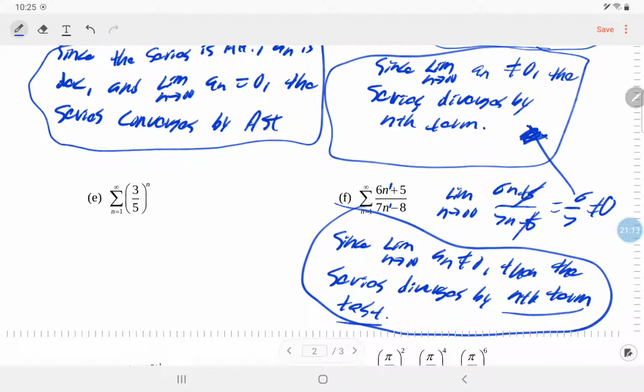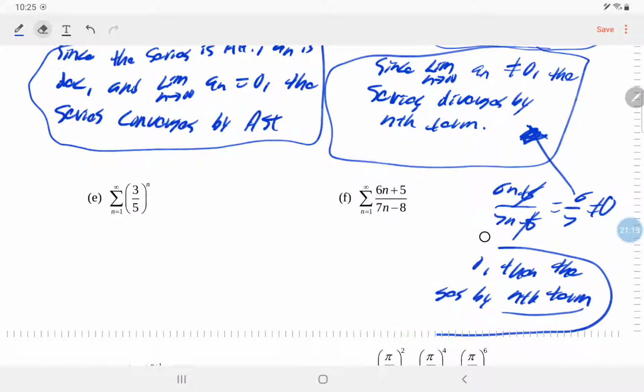So then what about E? Well, E doesn't alternate. I don't see that negative 1 to the whatever power here. So how do I deal with it? Oh, wait a minute. I remember we talked about this when we had something to the n, something to the n. This one's geometric. And whatever it is that's raised to the n power, in this case the 3 and the 5, is your common ratio.